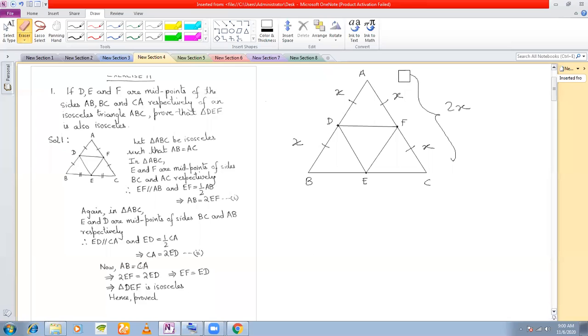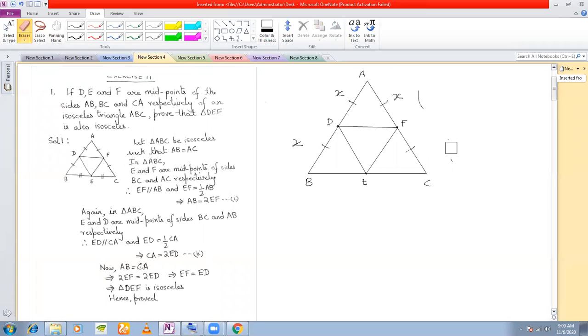So what I say is, let triangle ABC be isosceles with AB equal to AC, that is, these two sides are equal.